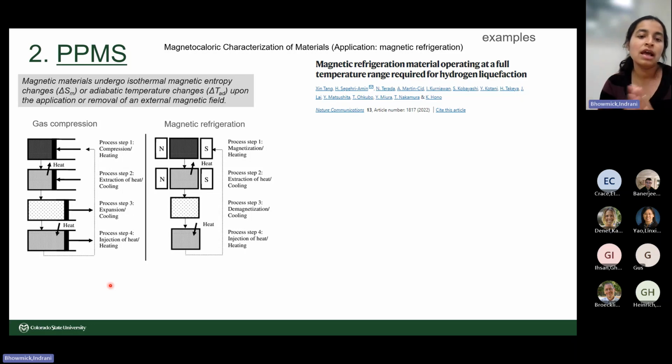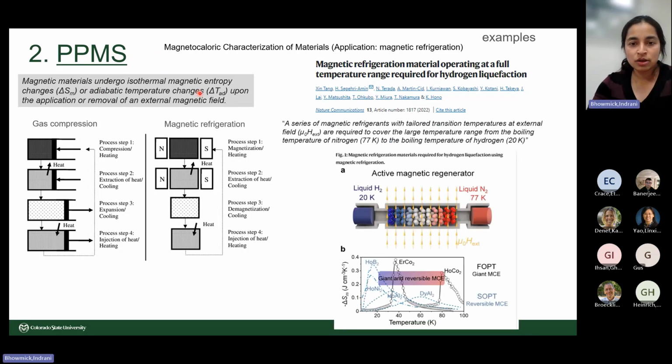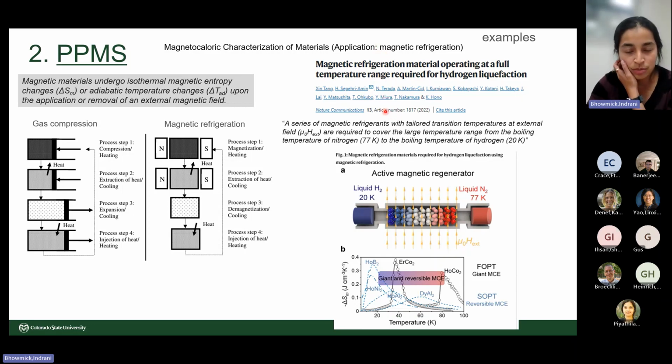It's the same way with gas compression. This magnetic refrigeration is the same: you have some samples which undergo an isothermal magnetic entropy change. It holds that energy as heat energy, and then it can release it when the magnetic field is not there. There is a cool example I found in Nature Communications, which came out a couple of years ago.